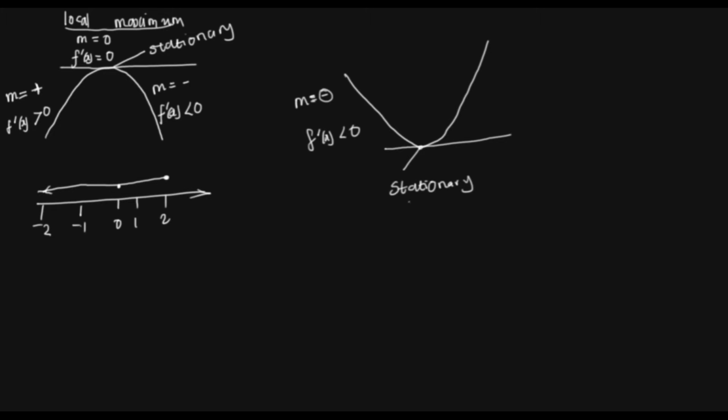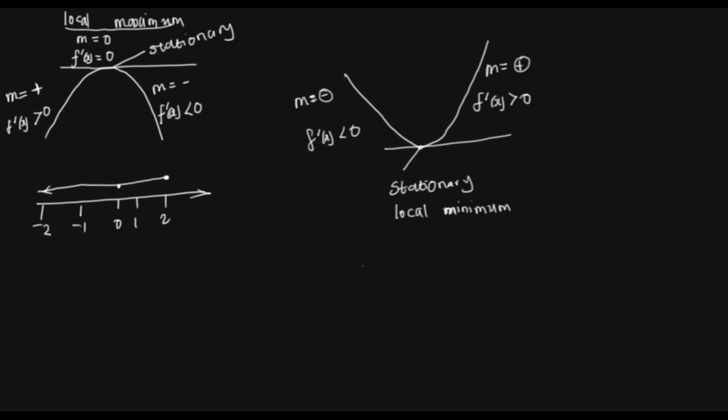Now for this one, since it is opening upward, this will be a local minimum, since we are expecting a y value less than that of the local maximum. So now here we are expecting a gradient that has a positive value. So f prime of x must be greater than 0.